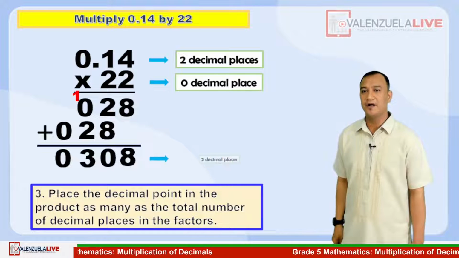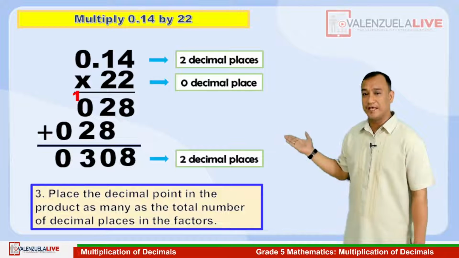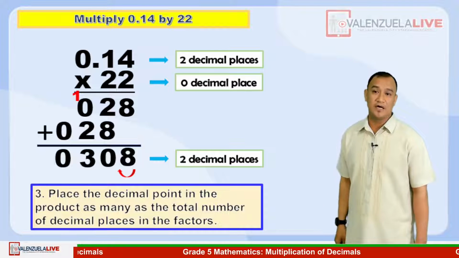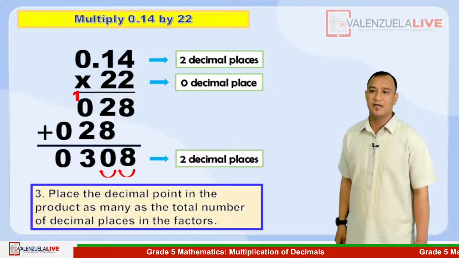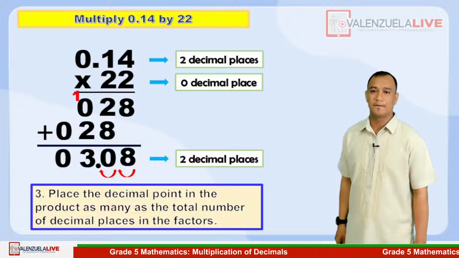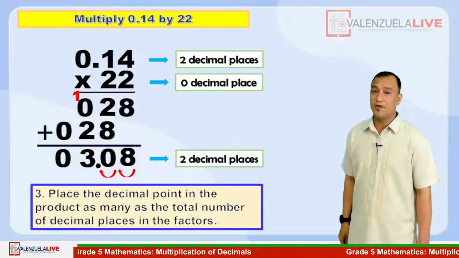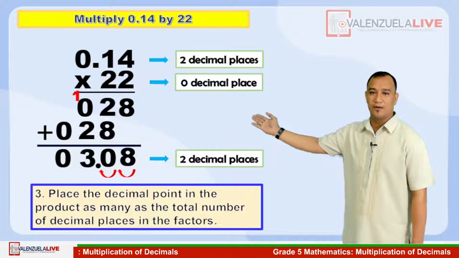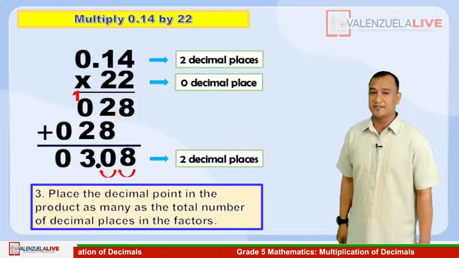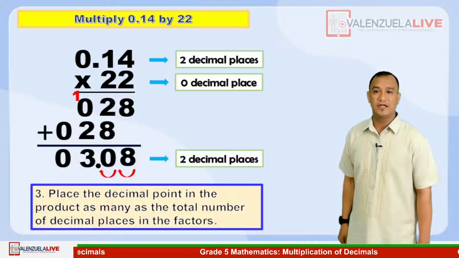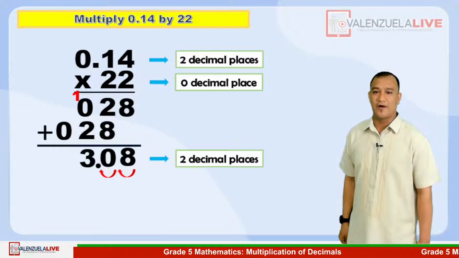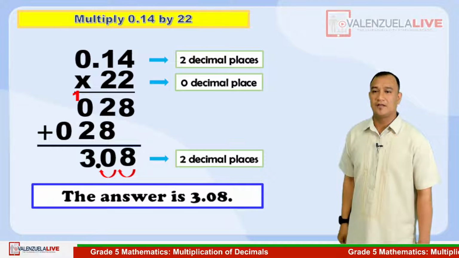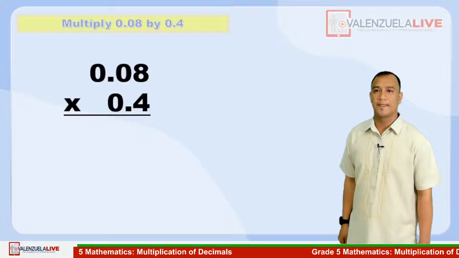So we have here a total of 2 decimal places. So let's begin counting from right to left. 1 and 2 and decimal point. You will notice that we have 0 on the left side of the whole number 3. Since it has no value, we can now delete that 0. So the answer is 3 and 8 hundredths.